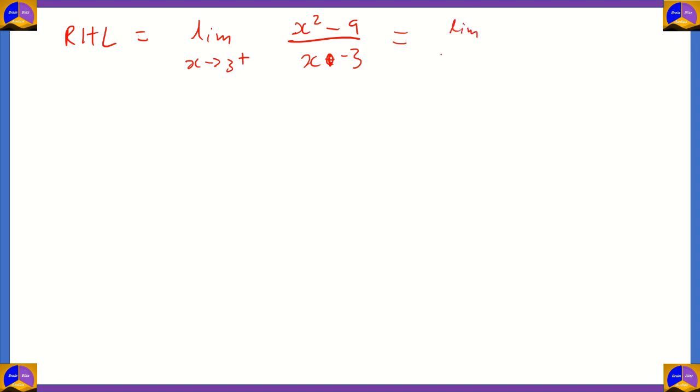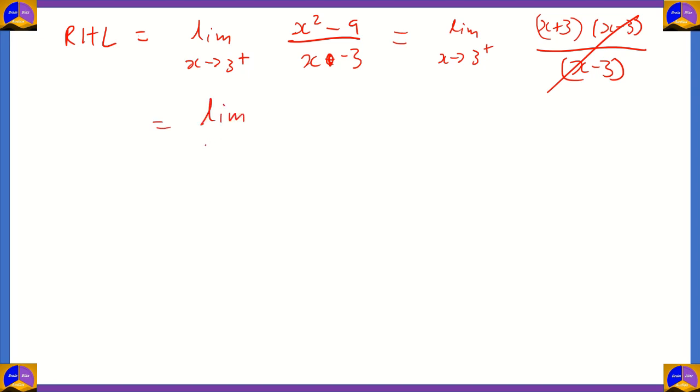Difference of squares, we factorize it as x plus 3 times x minus 3, and then the denominator is x minus 3. Cancel them out. The right-hand limit now becomes limit x tends to 3 plus of x plus 3. We just put the value of 3 here, so that's 3 plus 3, which is equal to 6.